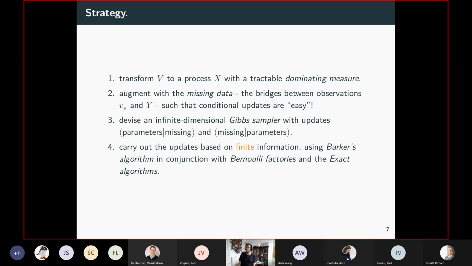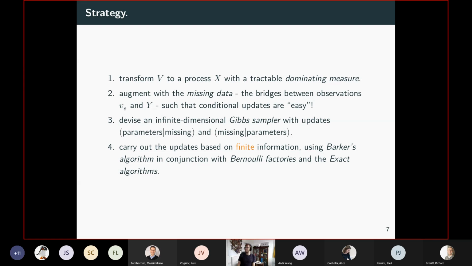Then we just follow the standard strategy of augmenting with missing data, and do it in such a way that conditional updates of a subset of the state space of the algorithm are easy. So we don't want to do more of it than strictly necessary, since that tends to slow down the algorithm.